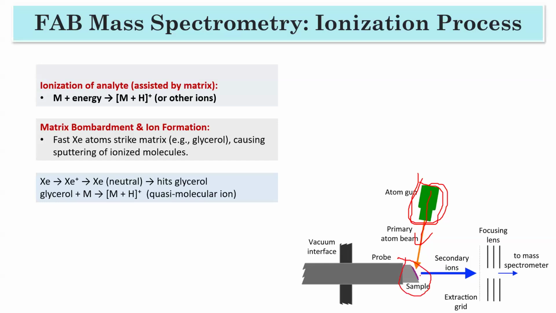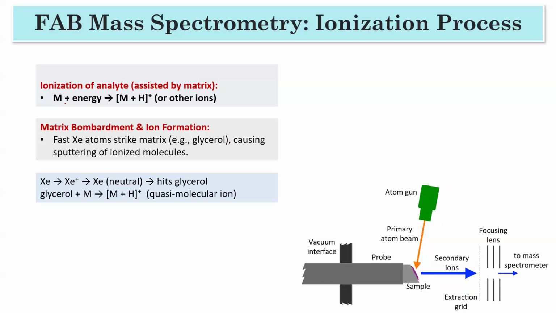You can have a solid sample also, just put it on the surface and then irradiate it with the atom gun. Because of that, your molecule will leave the surface, ionize, and then move to your mass analyzer.